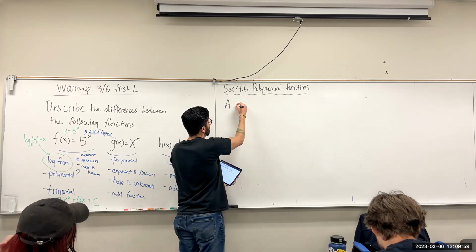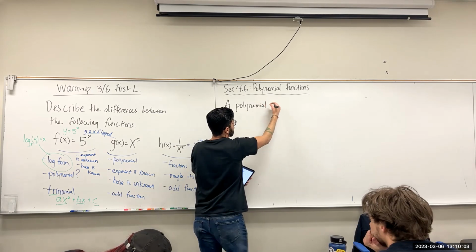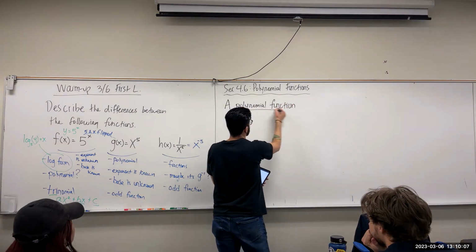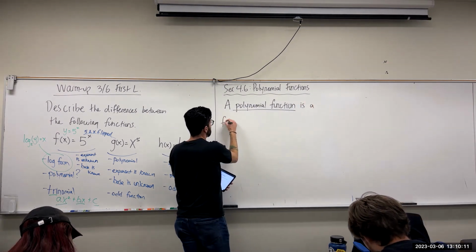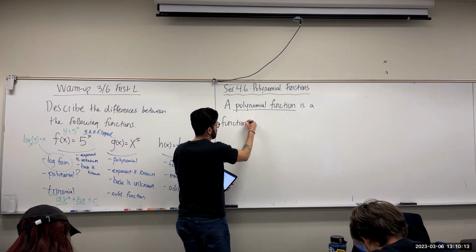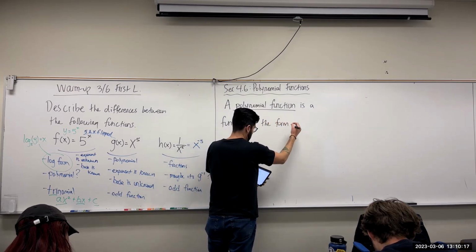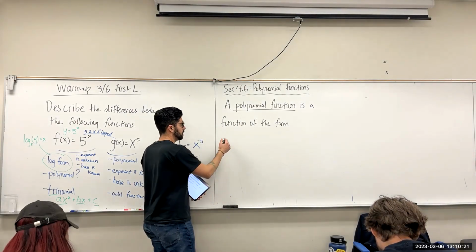So we're gonna say a polynomial function is a function of the form. This part's gonna look a little scary, okay?